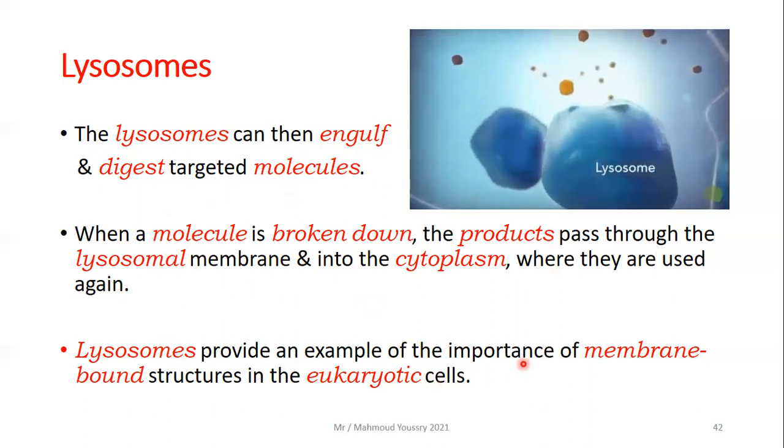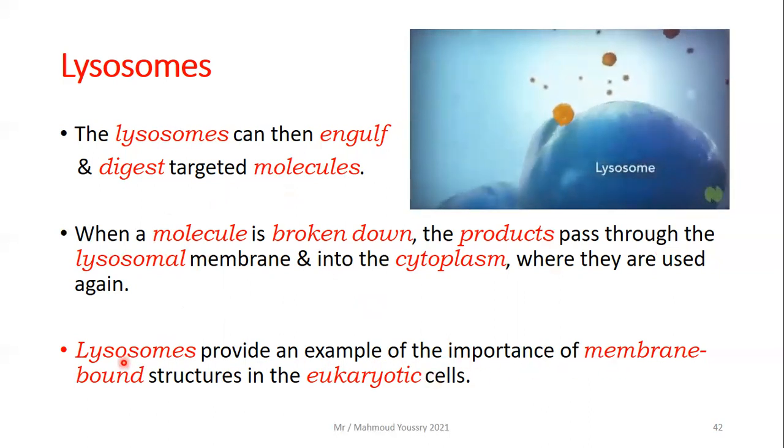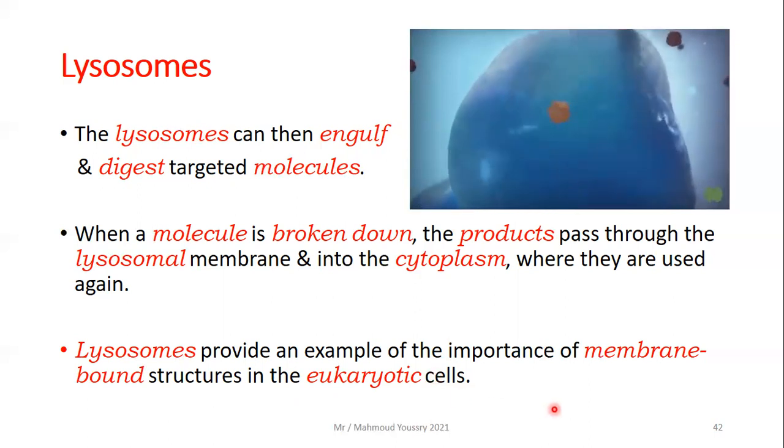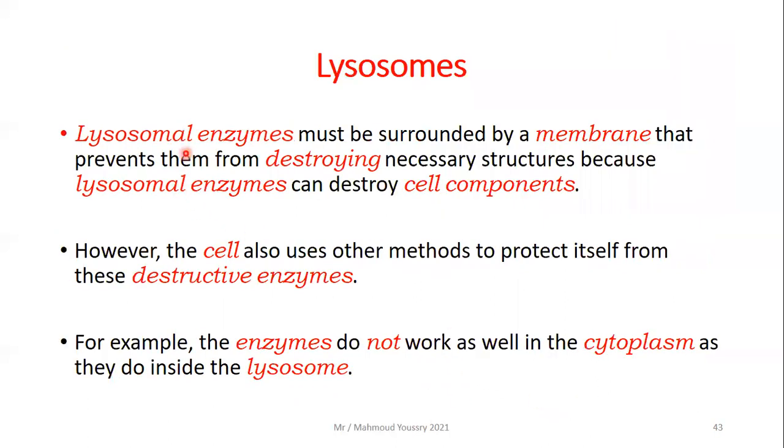Lysosomes provide an example of the importance of membrane-bound structures in eukaryotic cells. Lysosomal enzymes also must be surrounded by a membrane that prevents them from destroying necessary structures, because the lysosomal enzymes can destroy the cell components itself.